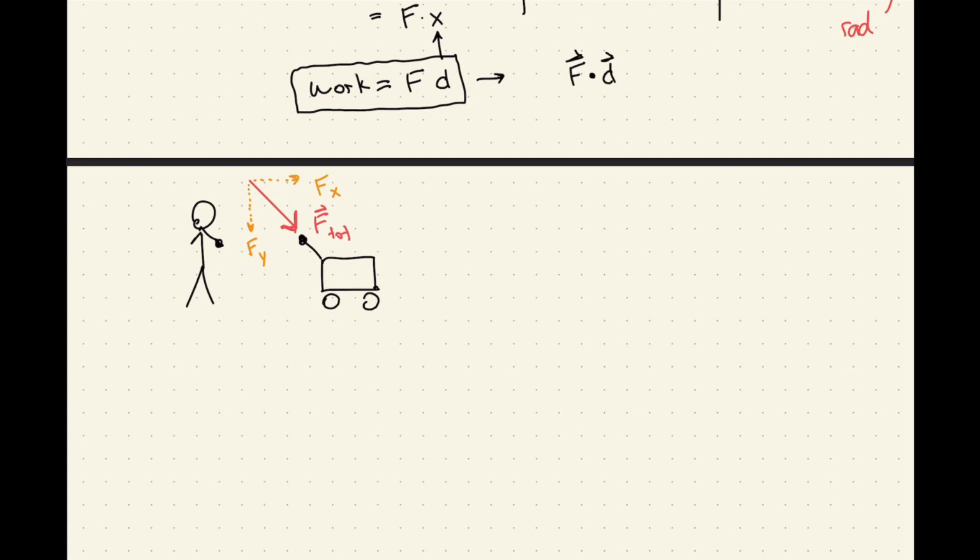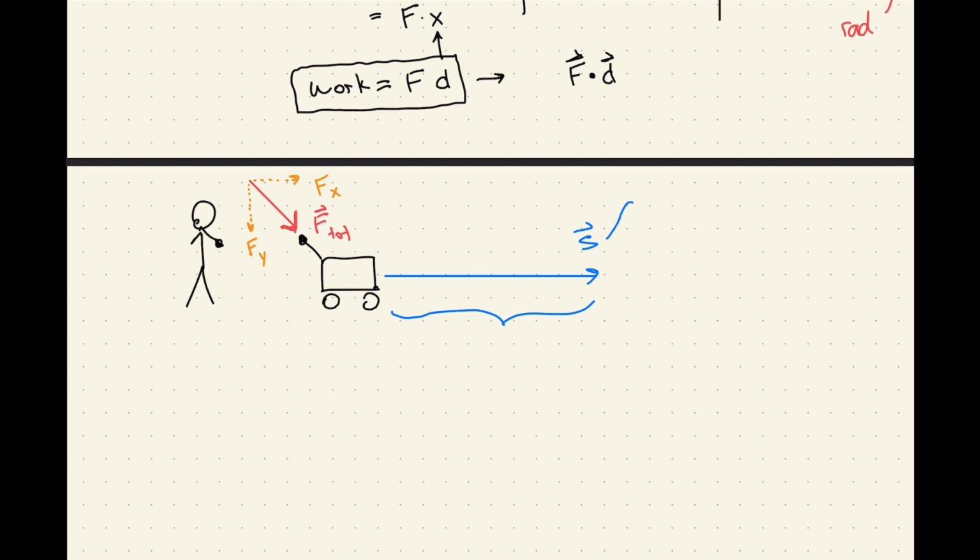Now the shopping cart still gets displaced by this vector, which we can call x. Actually, let's change it to s, just to show you that you can call force and distance by any kind of variable, as long as you stick with it. So I'm going to call it s instead of x, which means displacement.